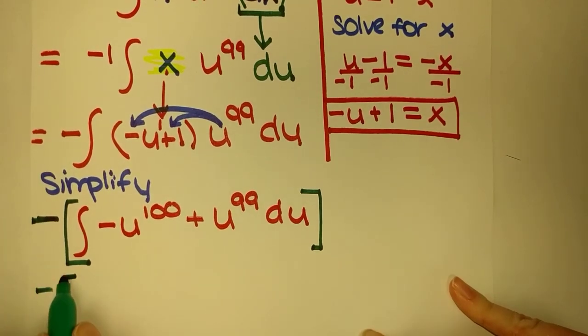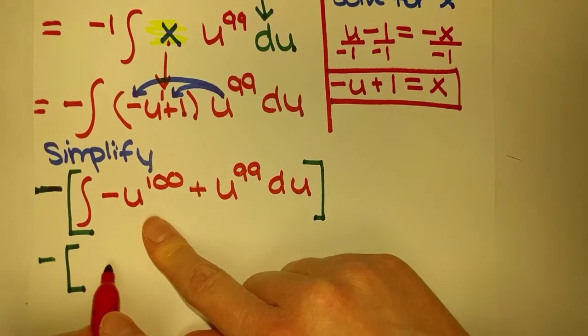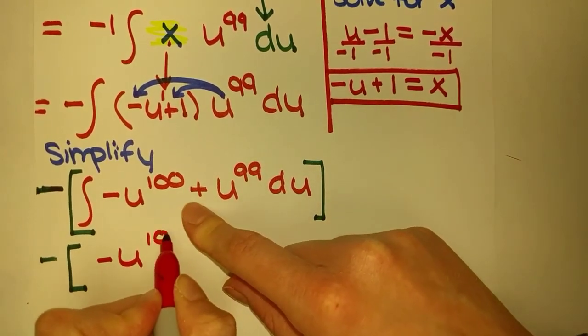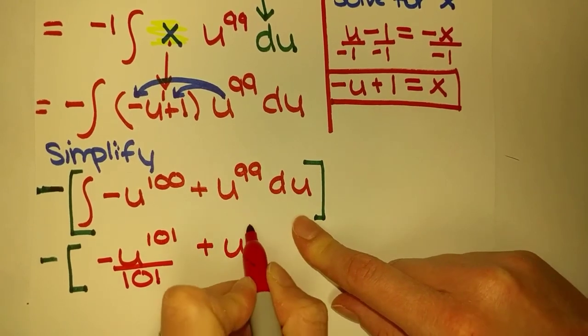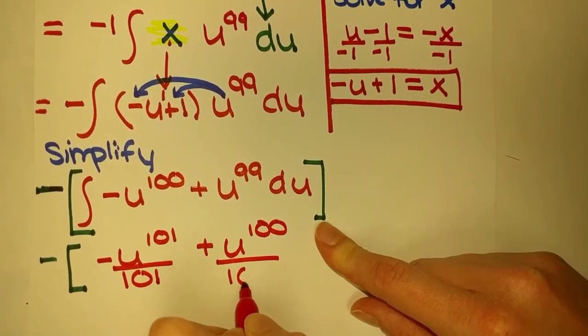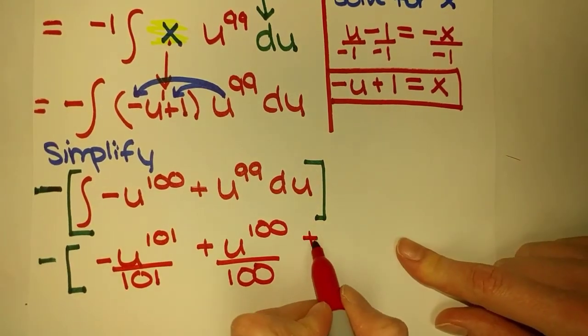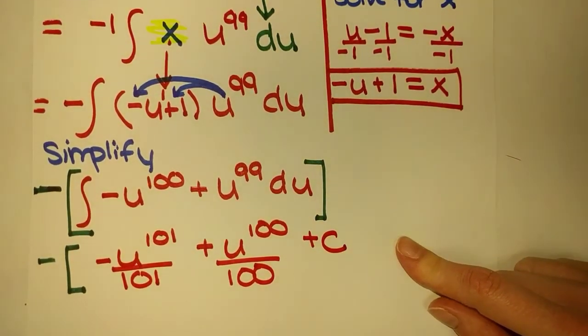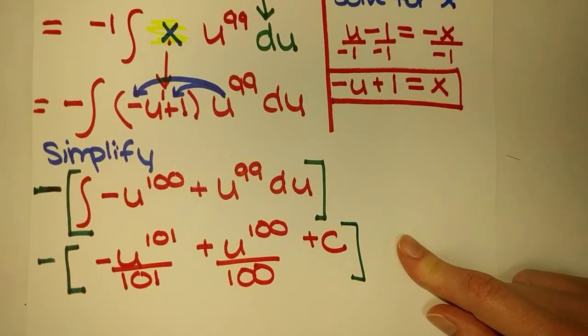So we need to be super careful about that, okay? So we have a negative u, we add 1 to the exponent, divide by the new exponent. Over here, add 1 to the exponent, divide by the new exponent. Then, because we don't have bounds, we will add the plus c. But again, all of this is getting multiplied by a negative outside of that integral.